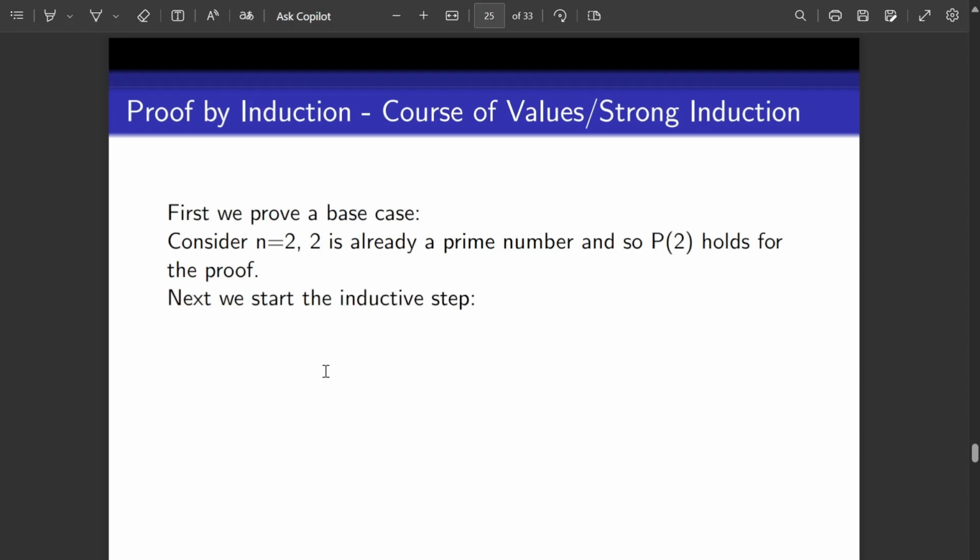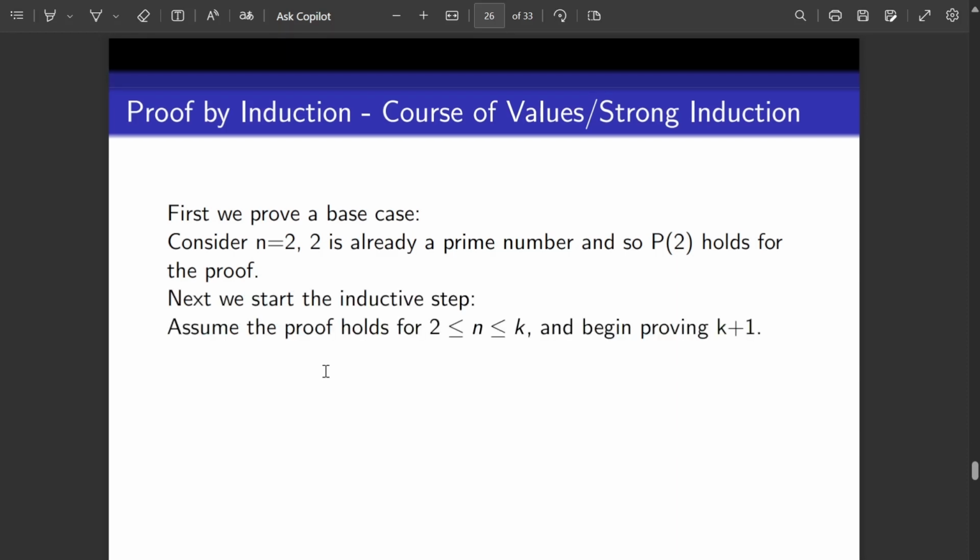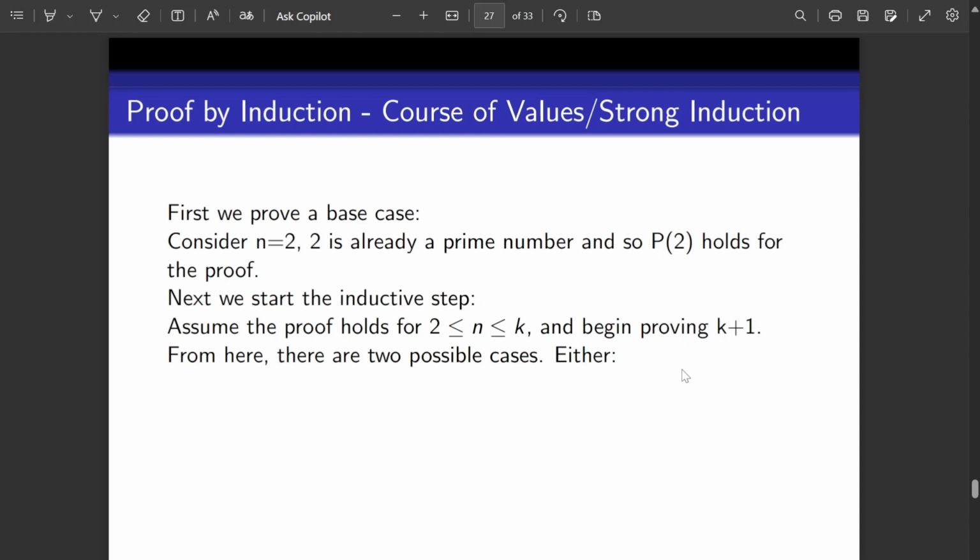And then we form our inductive step. We assume that for an arbitrary value of k, all of the values from 2 to k hold. So p of 2, p of 3, all the way up until k, all of those hold, and we begin proving k plus 1. From here, for k plus 1, there are 2 possible cases.